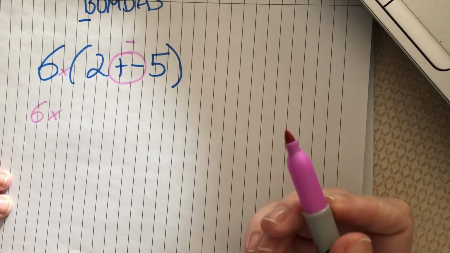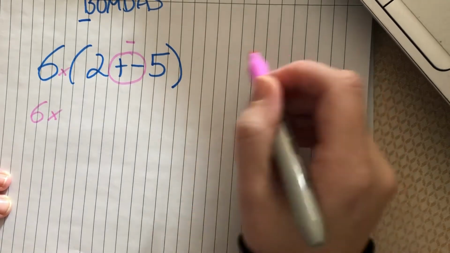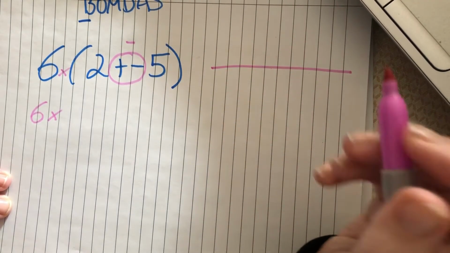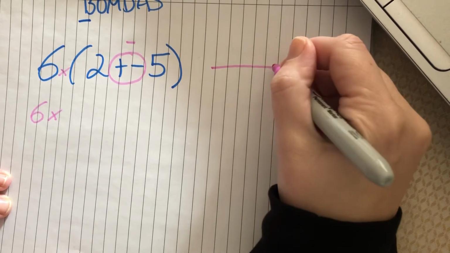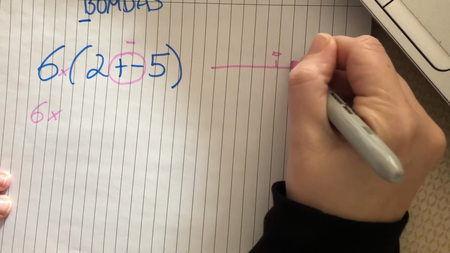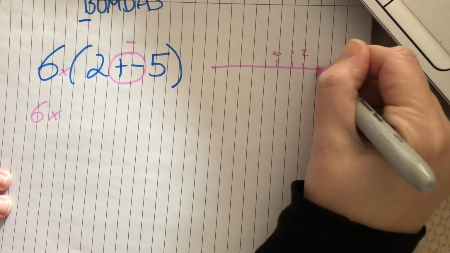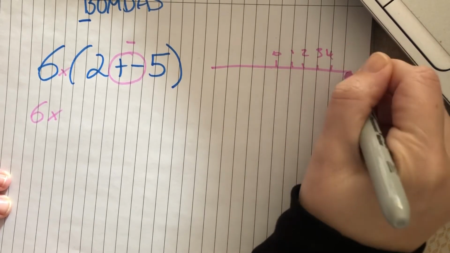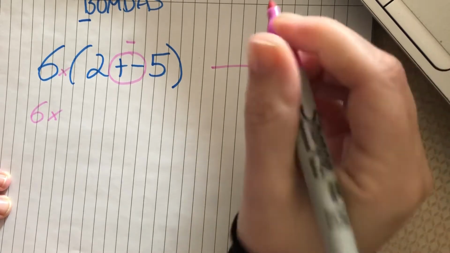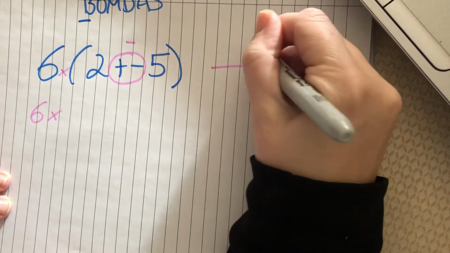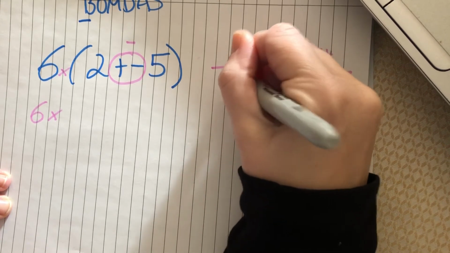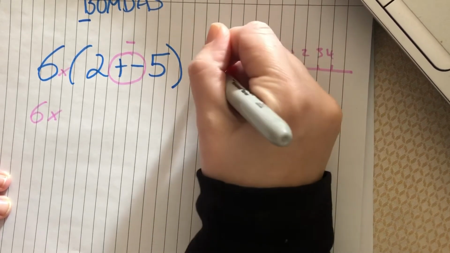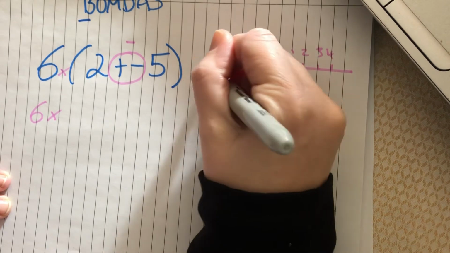Again, some of you know straight off that that's -3, but please, people, don't think there's any shame in using a number line if you're not sure. So you've got your 0, 1, 2, 3, 4, -1, -2, -3, -4, -5.